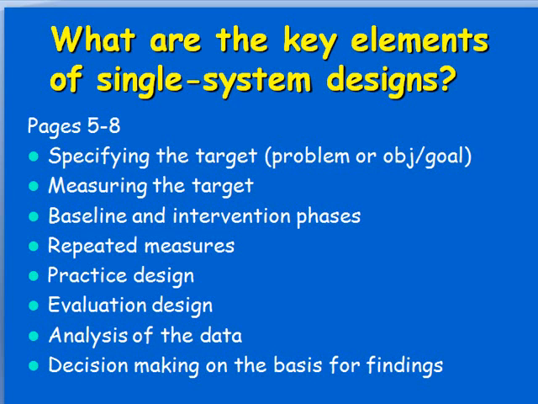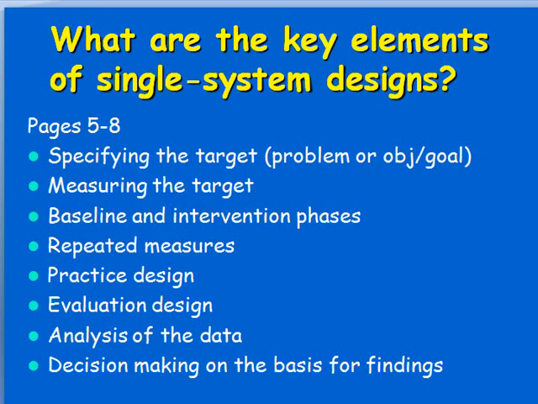Evaluation design: there are different single system designs. I've showed you two very simple ones, the A-B design earlier, which was a baseline followed by an intervention, and then an A-B-B-C design, which was the baseline followed by one intervention followed by a combination of two interventions.